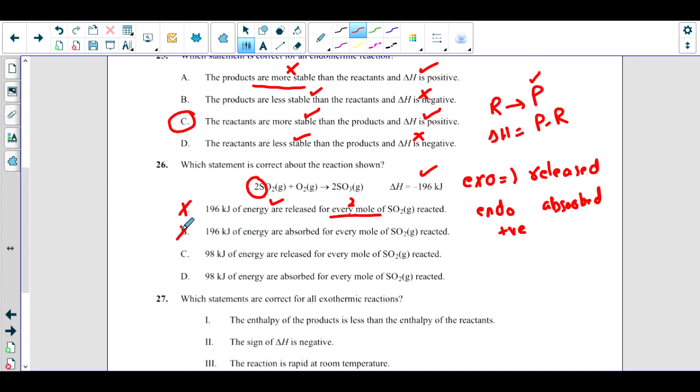Absorbed cannot be right because the sign is negative; it's always released. 98 kilojoule of energy are released for every mole of SO2 reacted. This is true. Why? Energy is released, and for 2 moles it is 196. Surely if you divide it you will see it is 98, so it's released as well. This is true. The last one is also false because it's not absorbed.